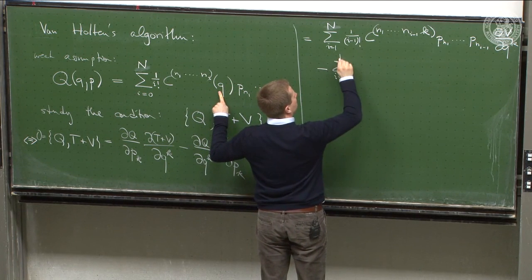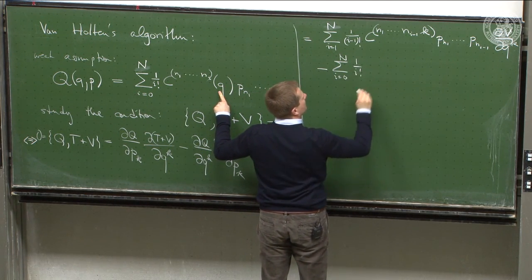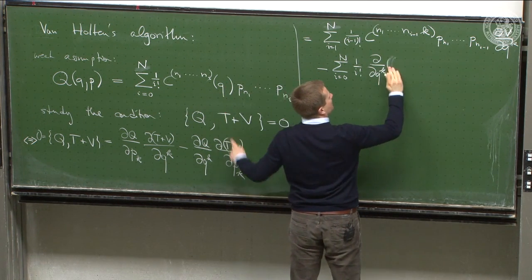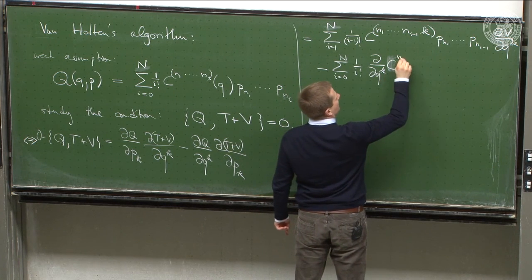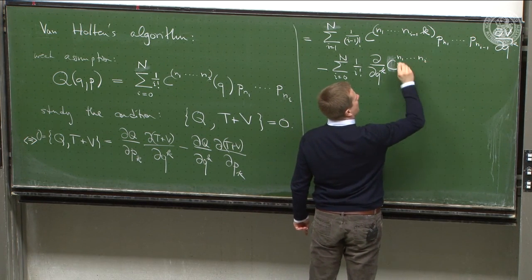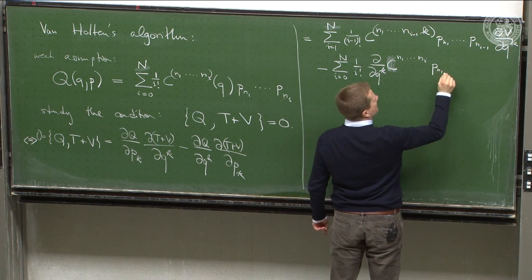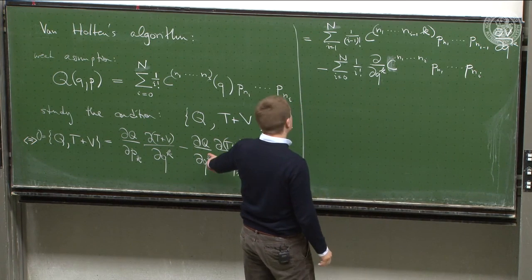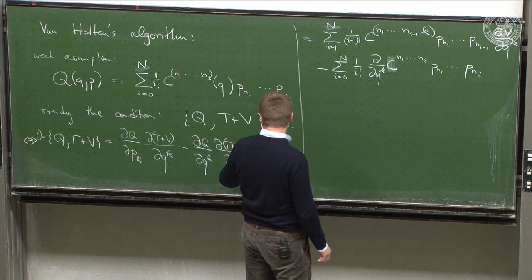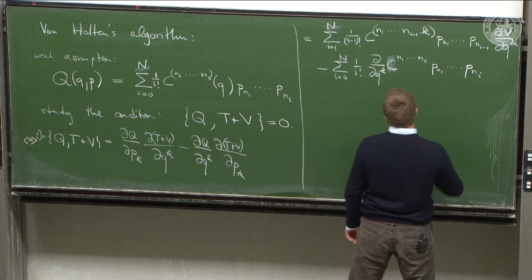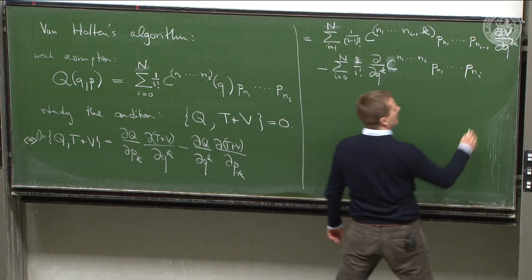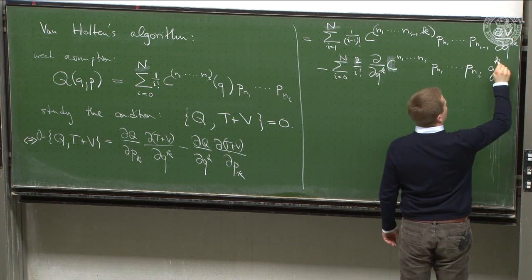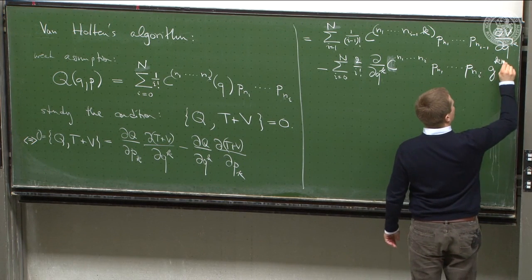That's the sum over I equals 0 to n, 1 over I factorial. Now d by dqk of just the coefficients c n1 to n_i, of course still all symmetric, and all the p's remain because nothing happened to them, p n_i, times, now we derive with respect to pk, but we had this quadratic term that gives us a factor of 2 and yields a g k m p m.